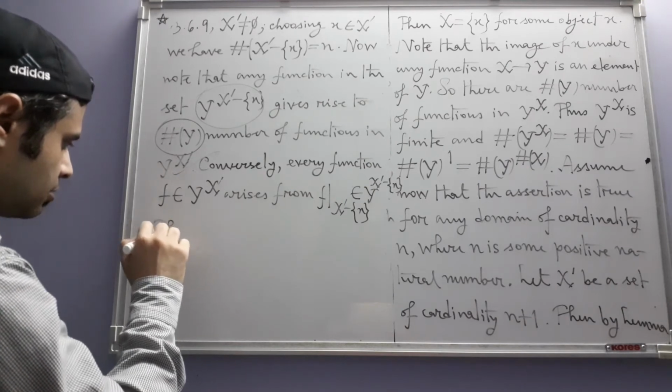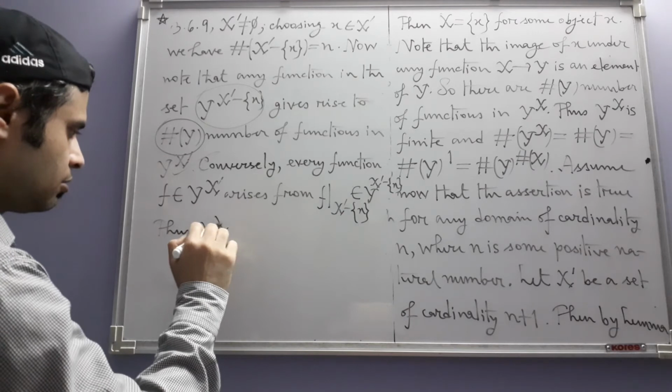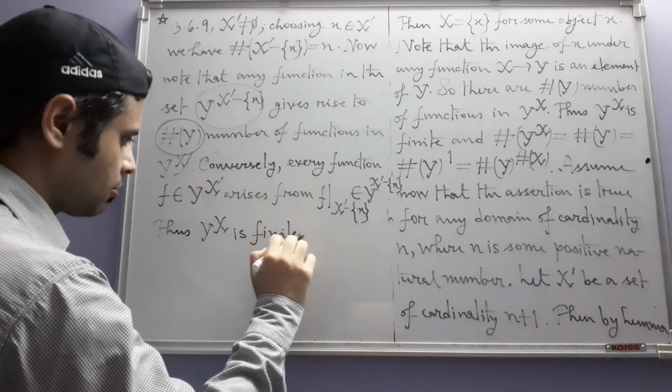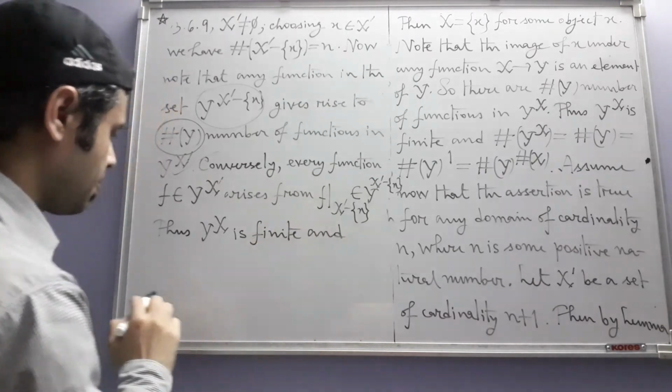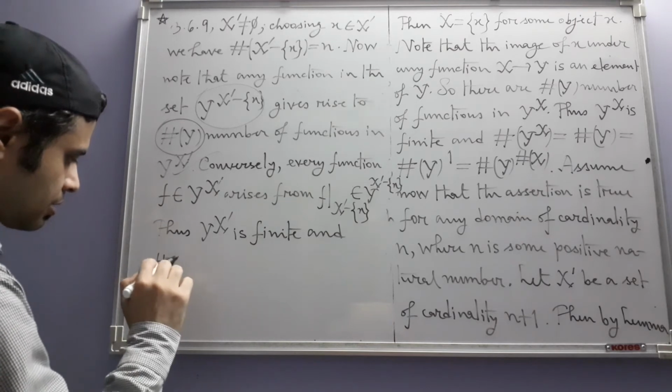Thus, this is finite, and what is its cardinality?